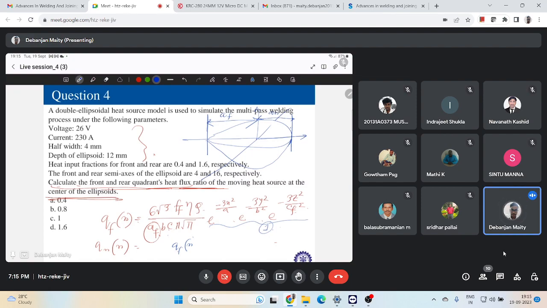So QF of r, again, will it be a function of r? Yes. So 6 root 3 FF eta Q by AF B C pi root pi. Got it?